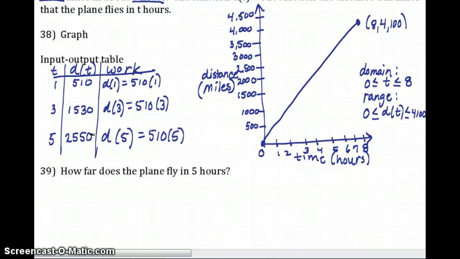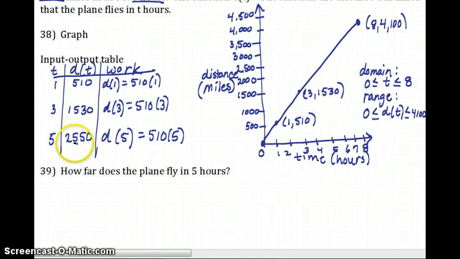Now, we're going to go ahead and plot these. So 1 hour is 510 miles. There you go, right on the line. 1 hour, 510 miles. And then 3 hours is 1,530. That looks like it's right on the line. So 3 hours is 1,530 miles.